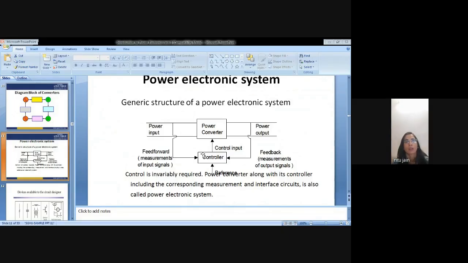According to that, the power converter gets input again and gives output. So basically, this is the generic structure of a power electronic system. Control is invariably required. The power converter along with its controller, including the corresponding measurement and interface circuits, is also called a power electronic system.